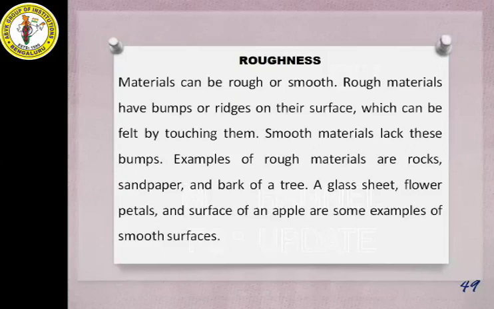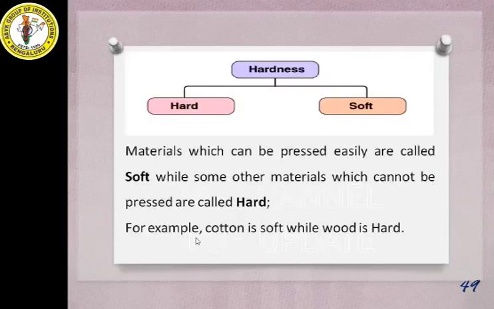On the rough surfaces you can see the bumps, the ridges, so that will make you feel it is rough. Examples of rough materials are rock, sandpaper and bark of a tree. A glass sheet, flower petal and the surface of an apple are some of the examples of smooth surfaces.